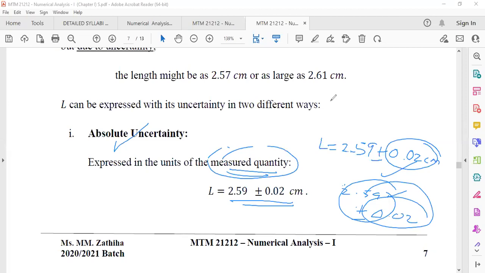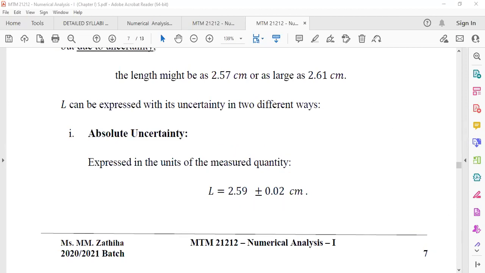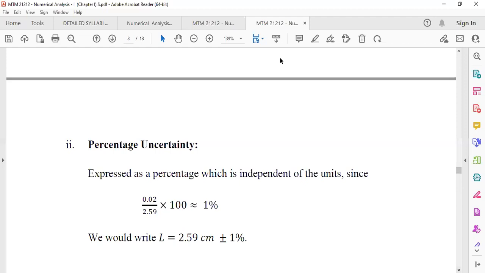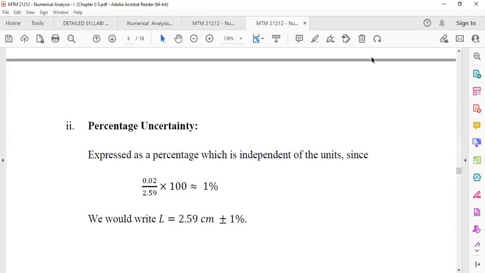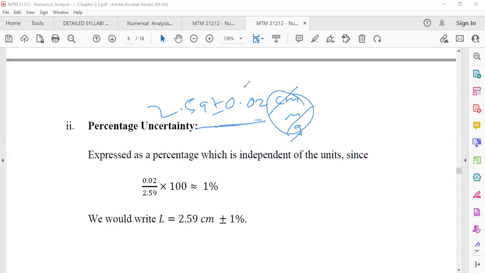In the same way, there is another way to talk about uncertainties: percentage uncertainty. One is absolute, 2.59 plus or minus 0.02, in the same centimeter or meter or gram, adding plus or minus something. The other is percentage, expressed independent of the unit.